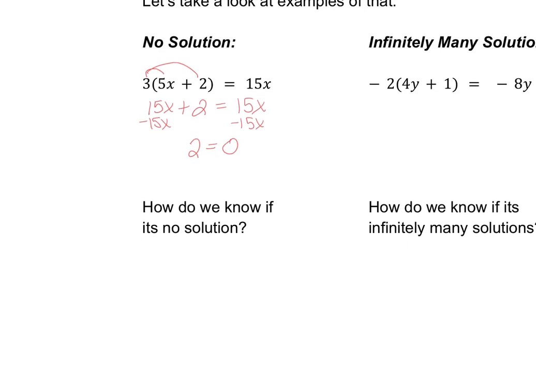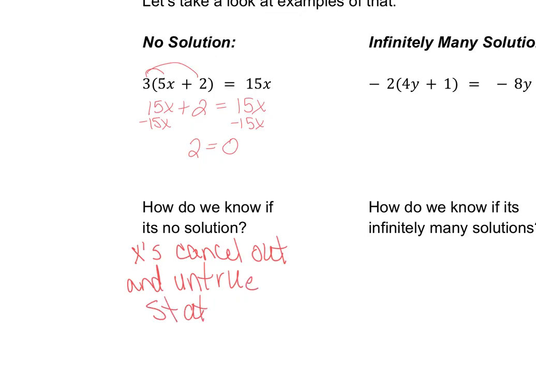Basically, it means our x's cancel out, so there's no more variable. And what we're left with is an untrue statement, meaning 0 does not equal 2.